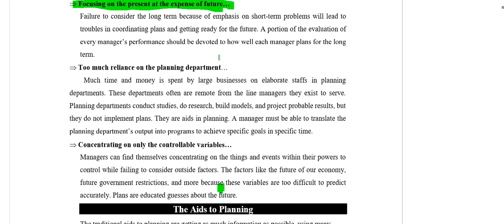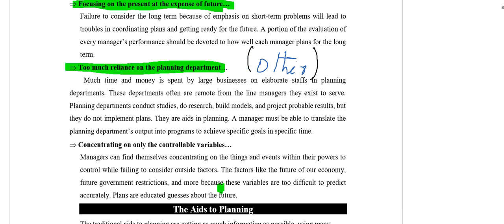We rely on planning department only, and we do not improve any other department of the organization. So we have to keep other departments also in the loop, so we can get success.